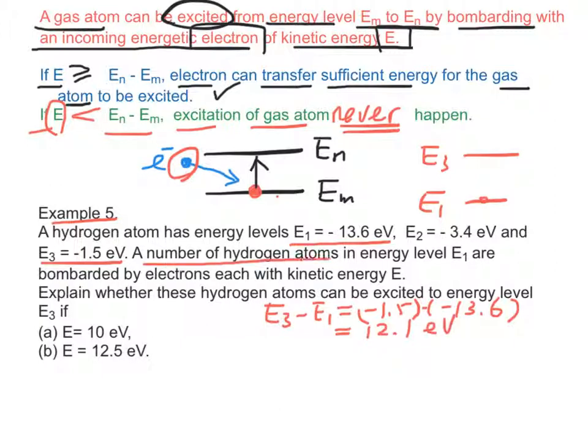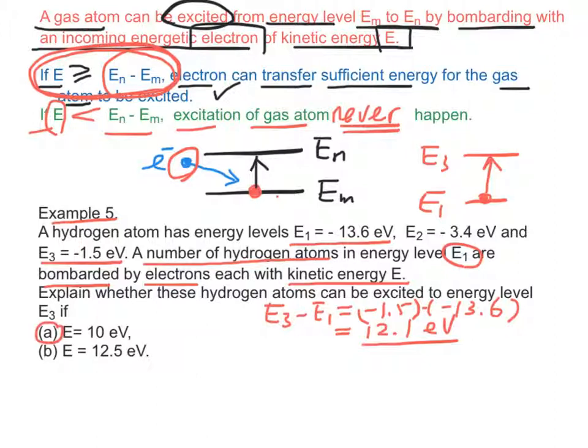When the hydrogen atoms in energy level E1 are bombarded by electrons with kinetic energy E, the gas atoms can be excited from energy level E1 to energy level E3 only if the kinetic energy of the electrons is greater than the energy level difference, which is equal to 12.1 eV.